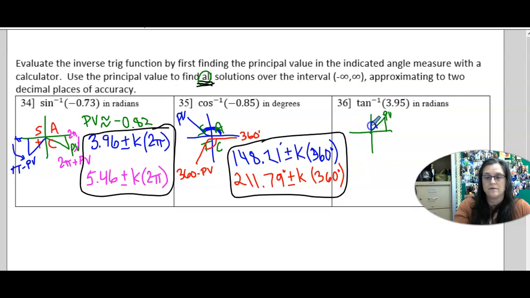Then all students take calculus, and we can see that tangent is also positive in quadrant 3. So in radians, that's going to be pi plus the principal value to get into quadrant 3.